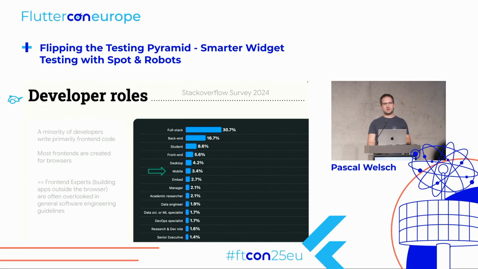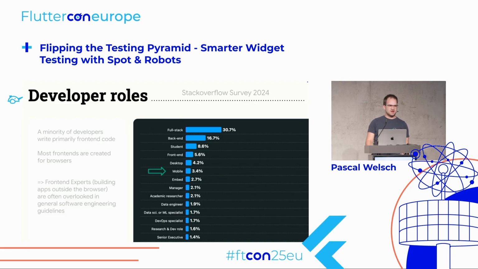If we look at the entire range of developer roles out there, I looked at the Stack Overflow survey from 2024, not 25, because this question was not in there. And we see that we are actually a minority, we as mobile developers, or even we as front-end developers, because if a developer in the ecosystem thinks about front-end, they think about front-end, browser, JavaScript.